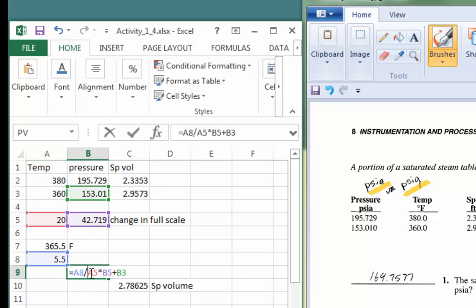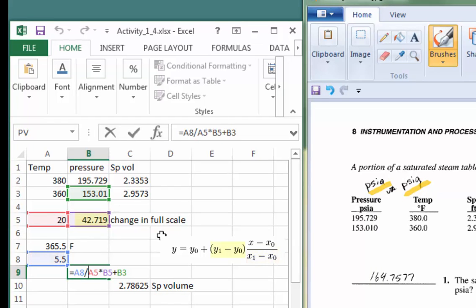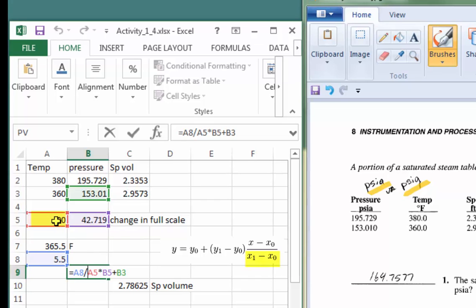And here in this cell I'm going to calculate the pressure. When you double click a formula, it will show all the cells that feed into the calculation. Here you've got A8 right there as blue. We've got the 20, we've got the B5. So what we're saying is A8, 5.5 degrees increase divided by 20 degrees total increment.